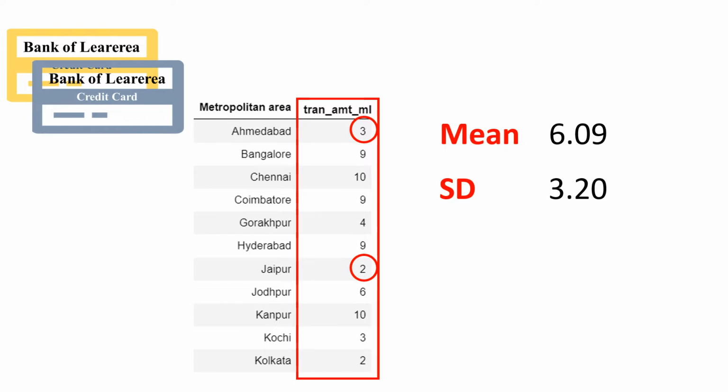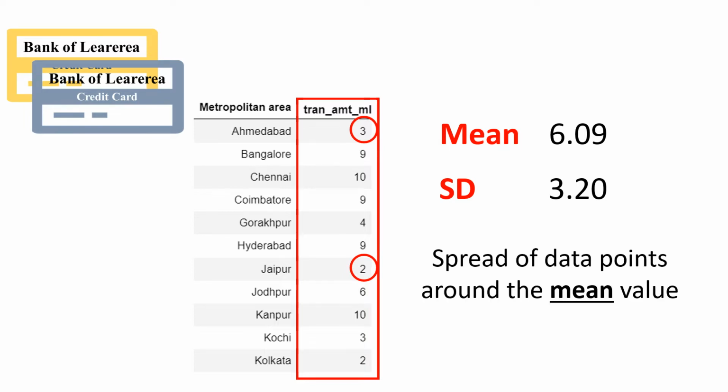So this adds meaning to your first average. In short, we can say that the standard deviation tells us the spread of data points around the mean value.